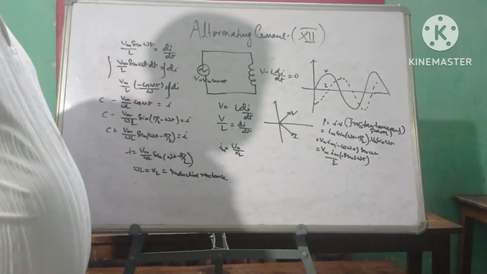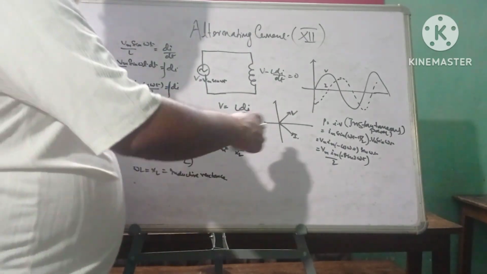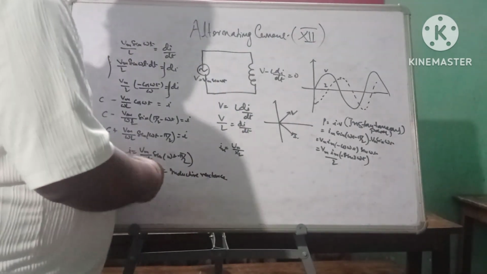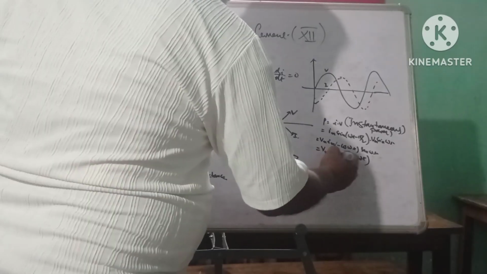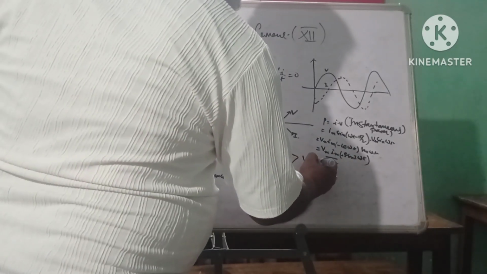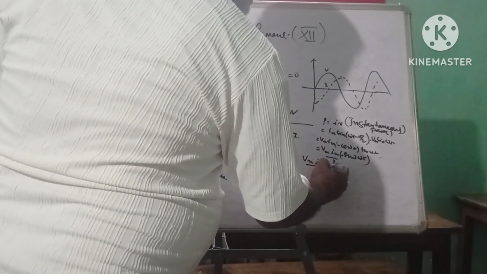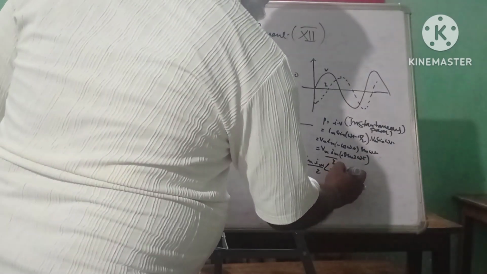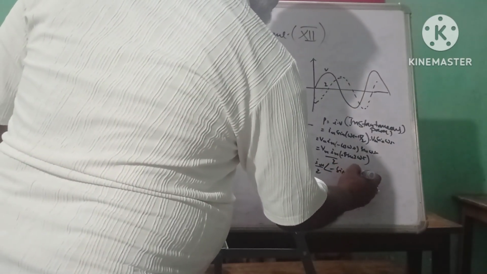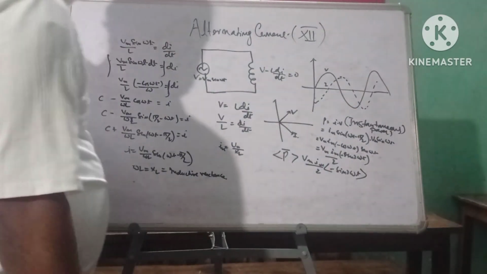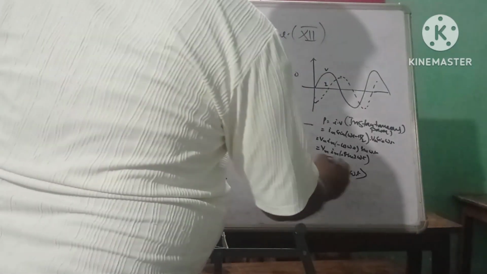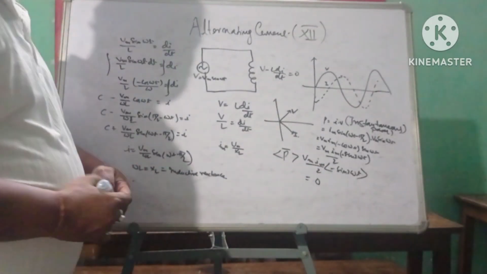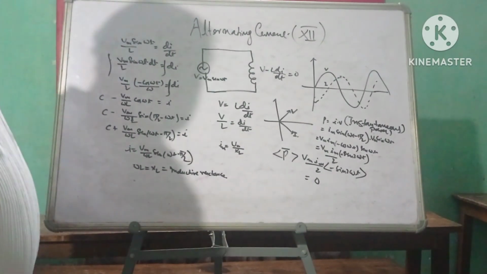If you take the average of this instantaneous power, the average of sin 2 omega t for one cycle is 0, so your average power will be 0.